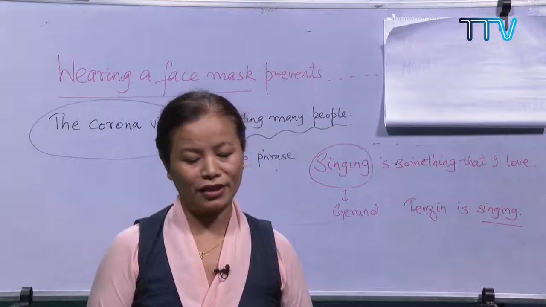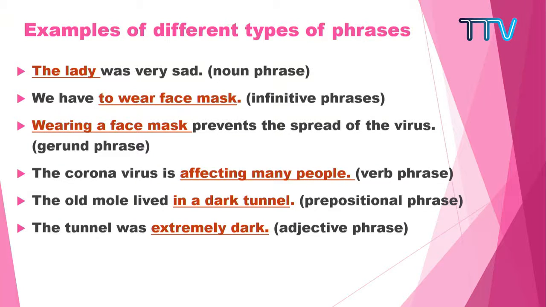And then, look at another sentence here. The tunnel was extremely dark. Okay, adjective phrase. Again, you can try why this is an adjective phrase, extremely dark. Because now you know the meaning of adjective, isn't it? You all know what an adjective is.